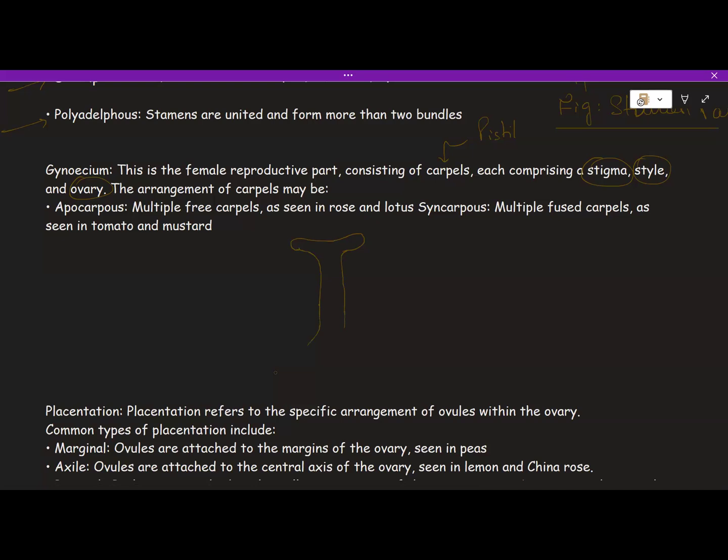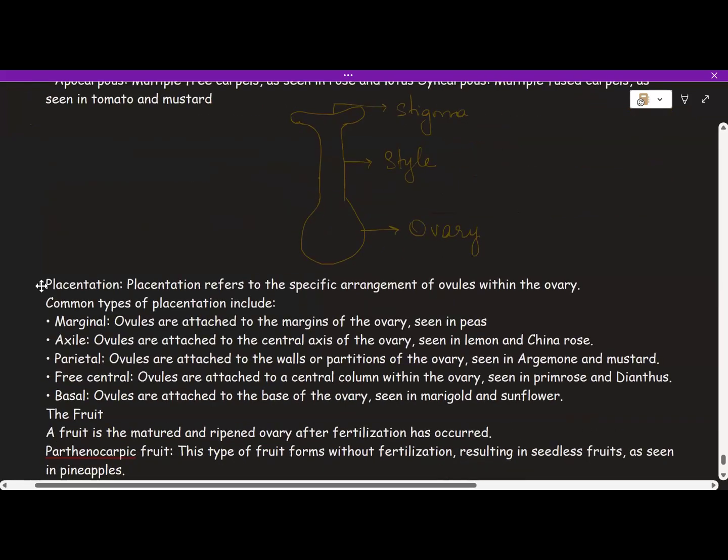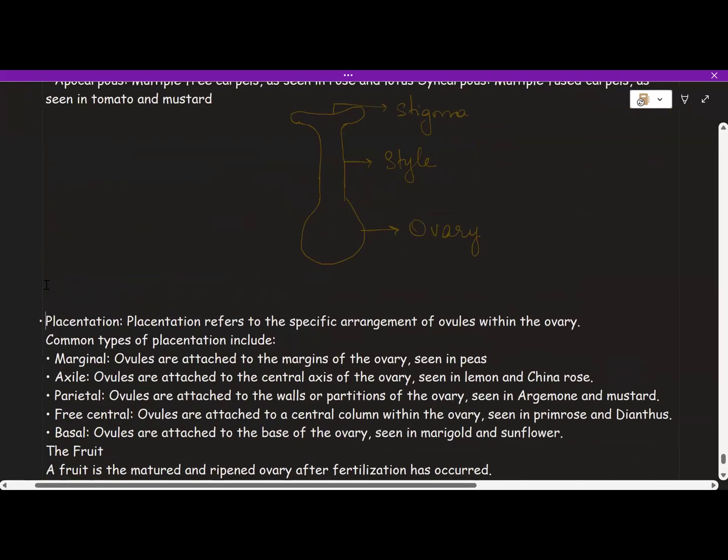And then at the base of it is the presence of the ovary. So this particular part is the stigma. This part is the style. And this part is the ovary. The basal, bulgy, swollen part is the ovary of the particular plant.